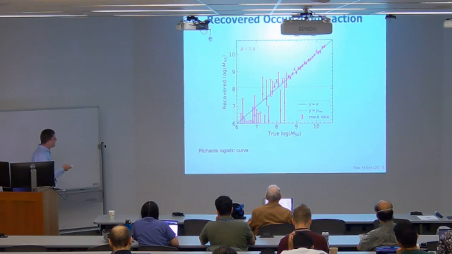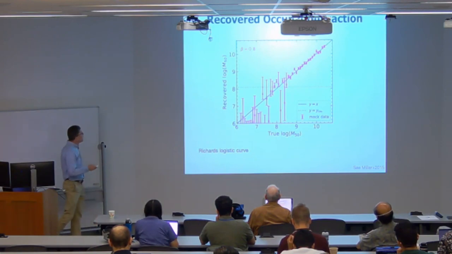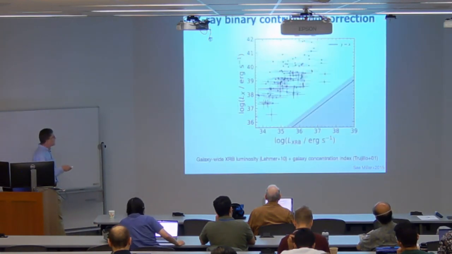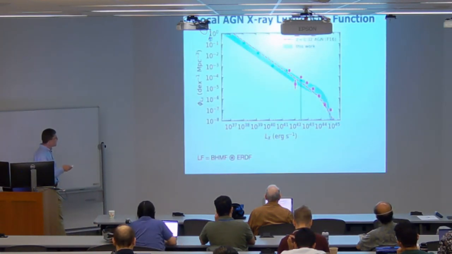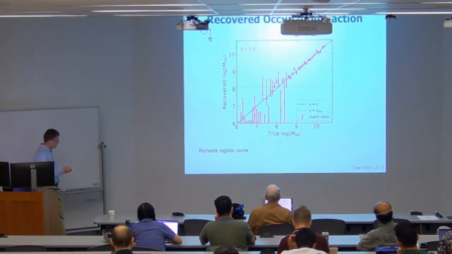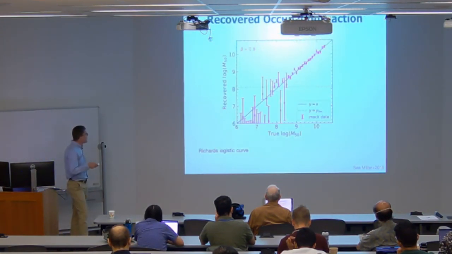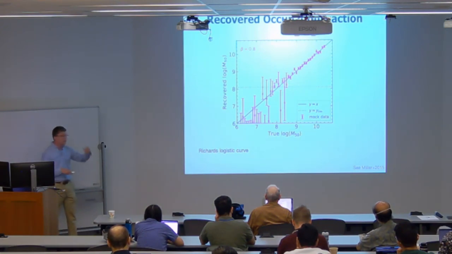So this is using mock data: the recovered inflection point in the curve here on the y-axis versus the true inflection point in the occupation function here on the x-axis. We can recover the occupation fraction pretty well until we get to this dashed line here, which is our selection limit that we've artificially imposed on the data.